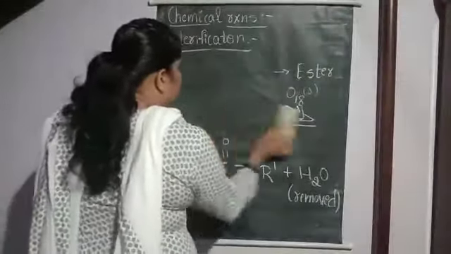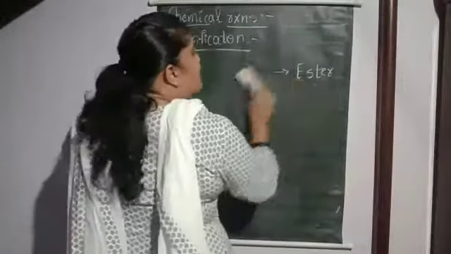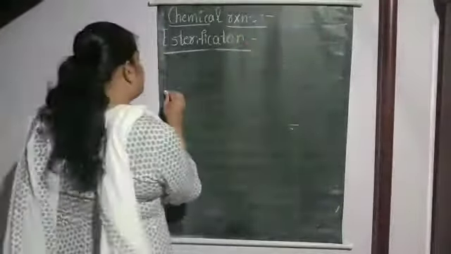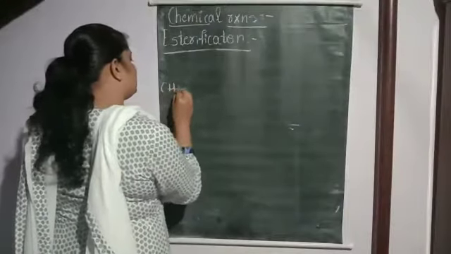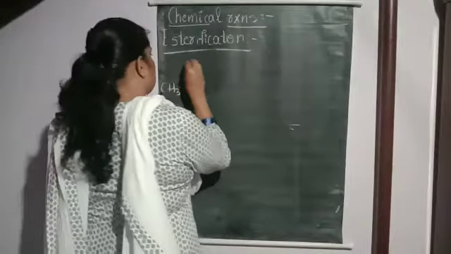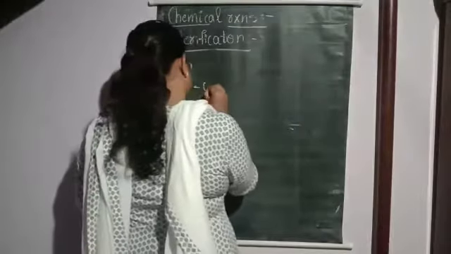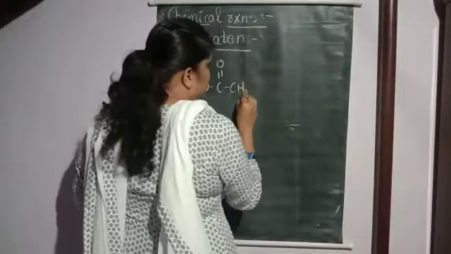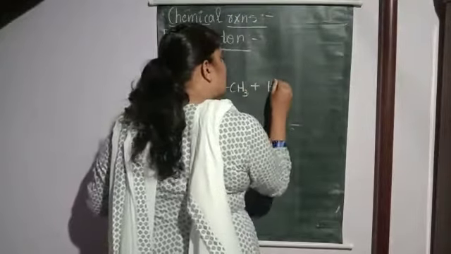Now moving on. This was regarding our acid and ester. Now suppose I have its derivative. Let me take something like this. Now this is combining with alcohol.